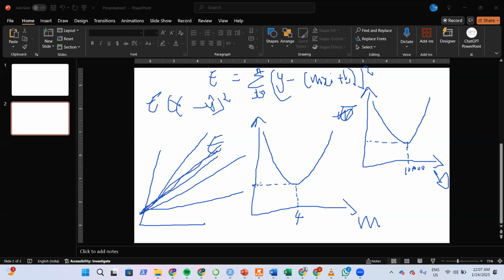And when we keep m constant and change b, it's something like having a plot like this: the gradient is constant, but the lines cut at different points on the y-axis. That's what we mean by keeping m or b constant.